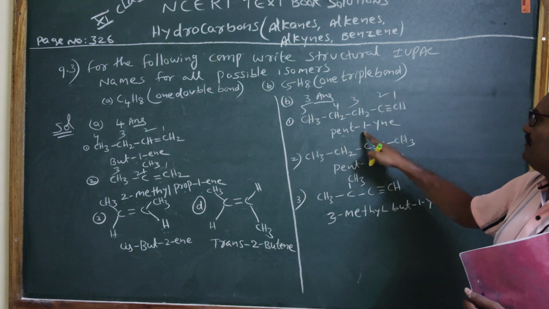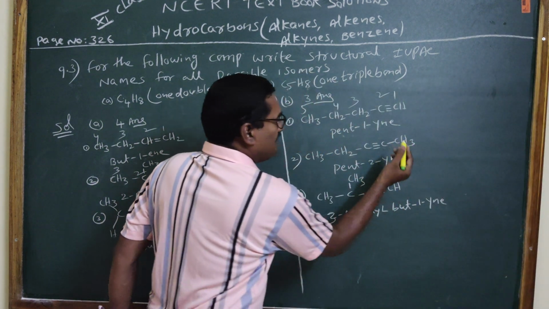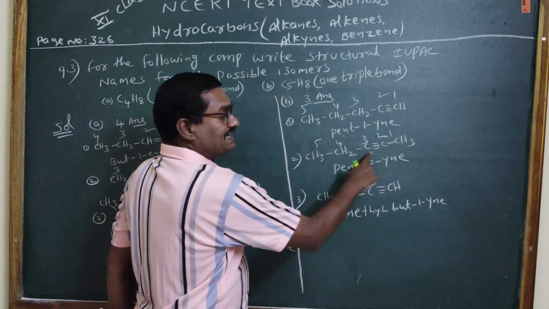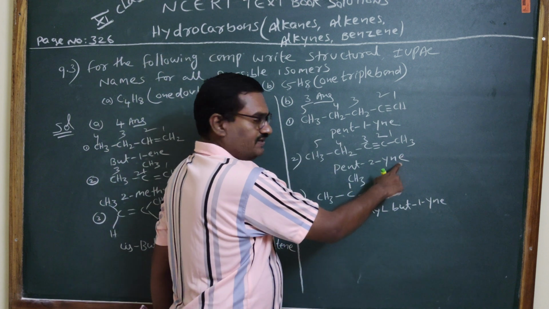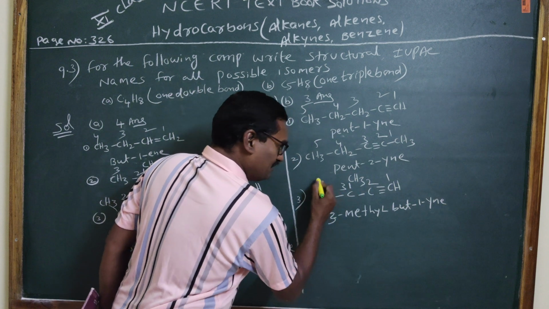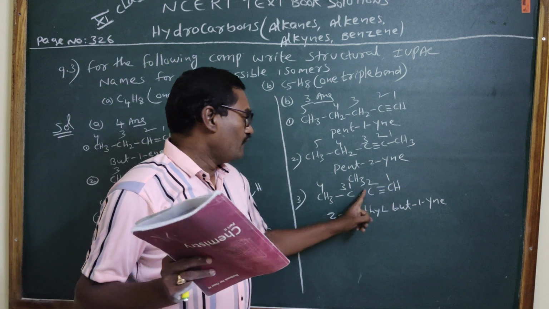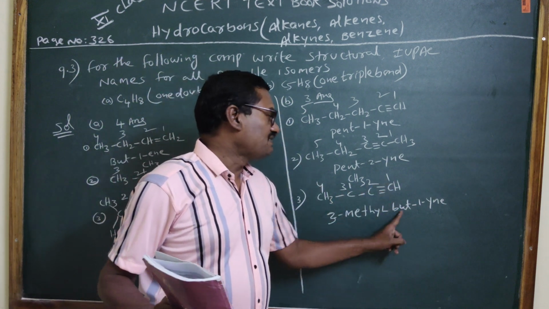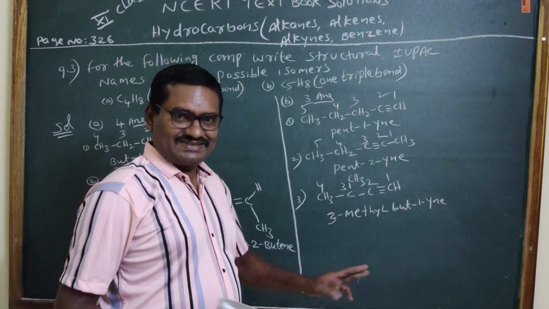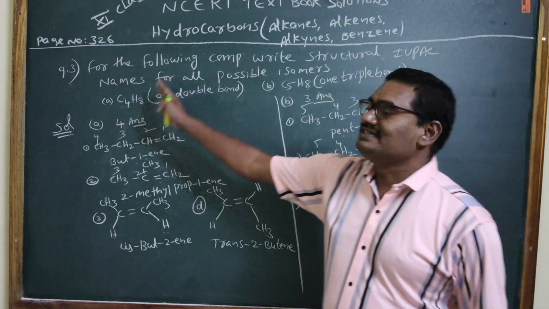So pent, first place contains yne: pent-1-yne. Next, numbering 1, 2, 3, 4, 5, second place contains yne: pent-2-yne. Next, here first place, second place, third place, fourth place: 3-methyl, 4 carbons means but, first place contains yne: 3-methylbut-1-yne. So C5H8 has 3 structures and C4H8 has 4 structures. So these are 3 structures, these are 4 structures.